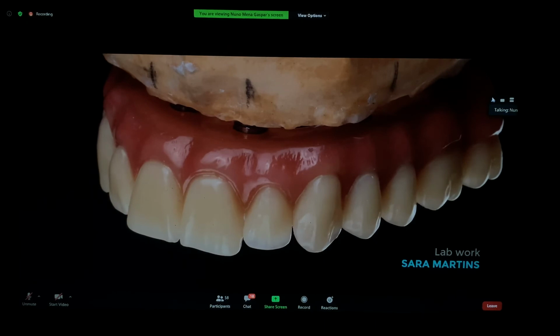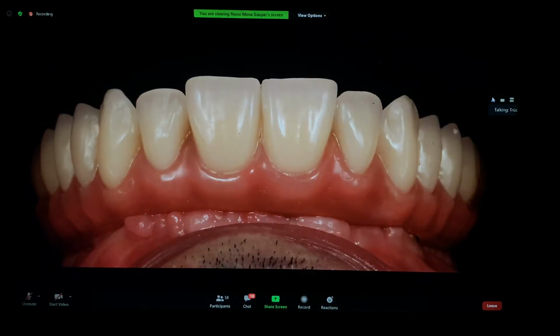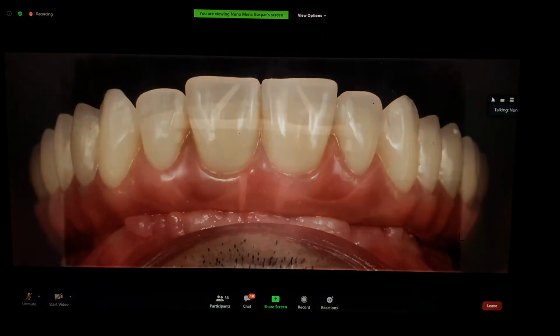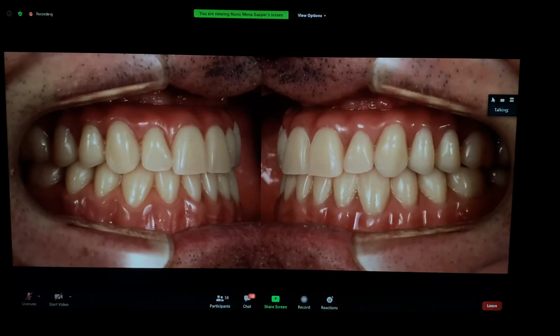This is the same case. This is 14 teeth, okay, 2 molars.